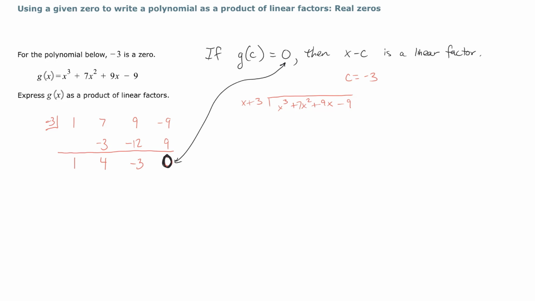What does this mean? What this means is that now we have rewritten g of x as this. G of x is one linear factor, x plus 3, multiplied to a polynomial that's 1 degree less. So that would be x squared plus 4x minus 3.